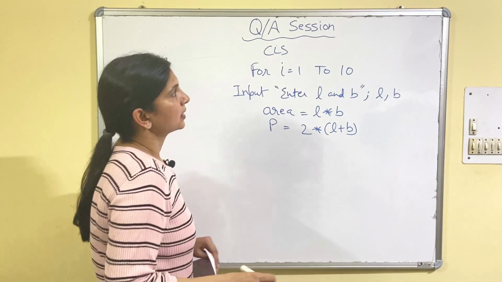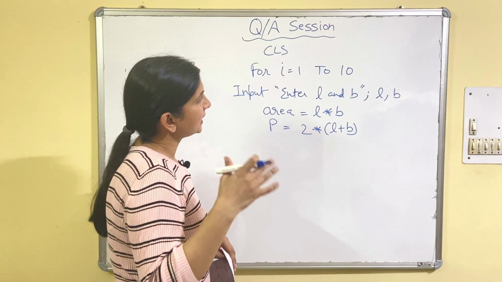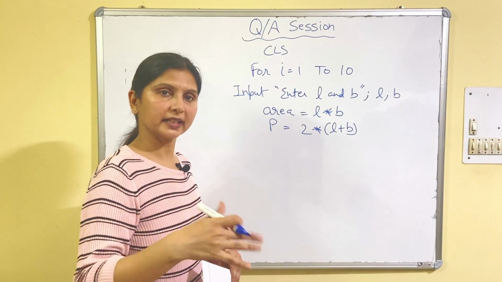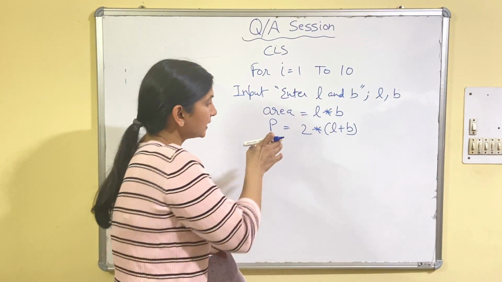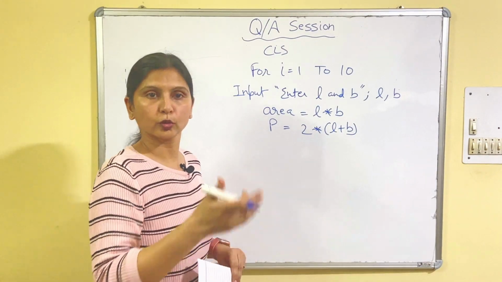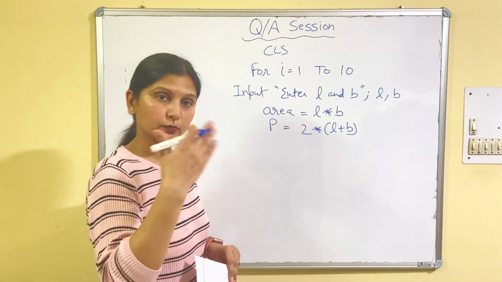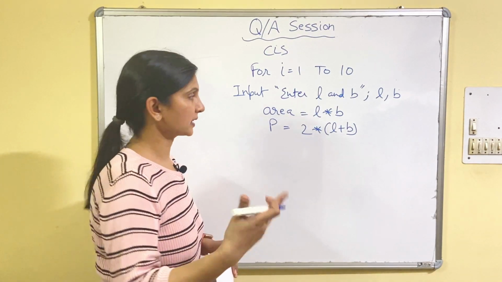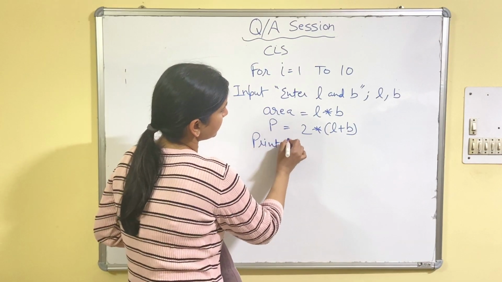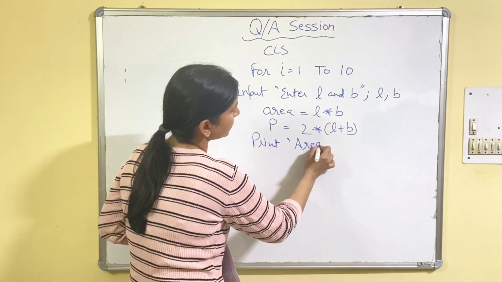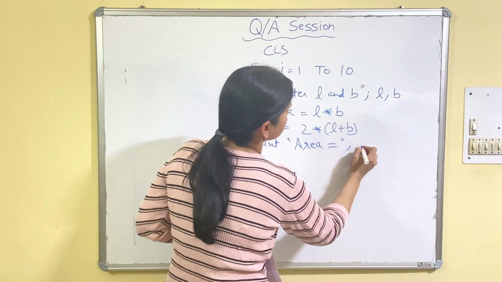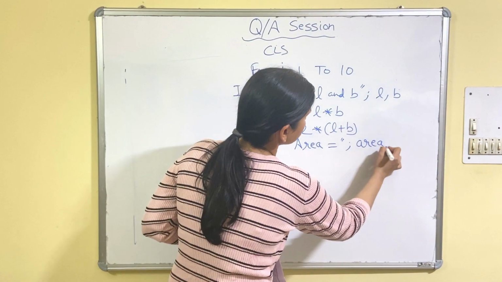Now see, we need to display area and perimeter of 10 different rectangles. So 10 times we need to display area and perimeter. So we need print statement inside the for loop, not outside the for loop. Fine, because that statement should also be repeated 10 times. So print area of rectangle or area equals to, what we have taken, area variable.